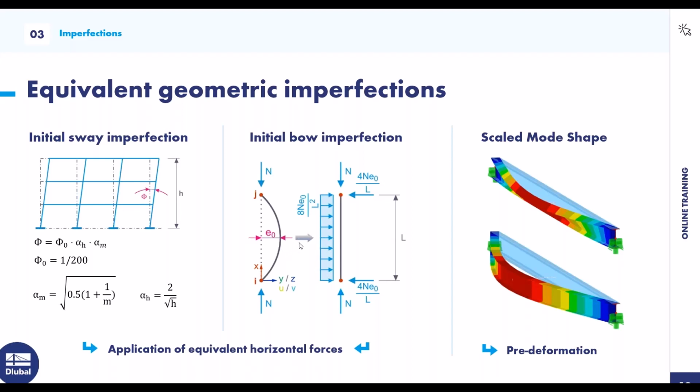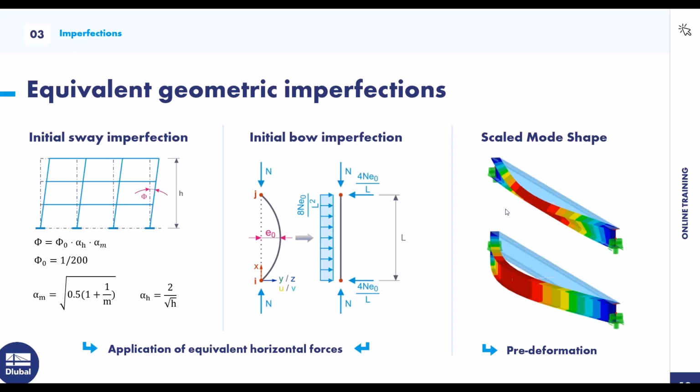And this depends on the selected profile, the yield point, the buckling curves and the proof method. Yeah, and these are two possible variants of the equivalent geometric imperfections.